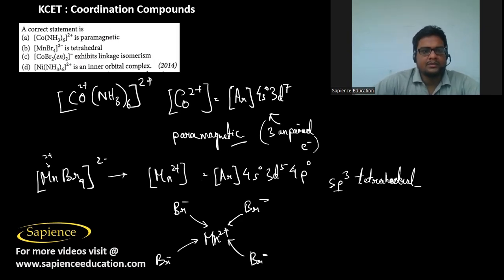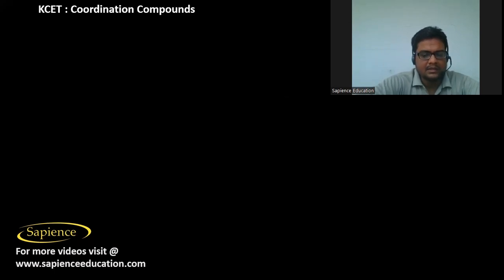Then option C is CoBr2en2 exhibits linkage isomerism, which is wrong, since it will exhibit geometrical isomerism. Cis and trans isomers will be formed.